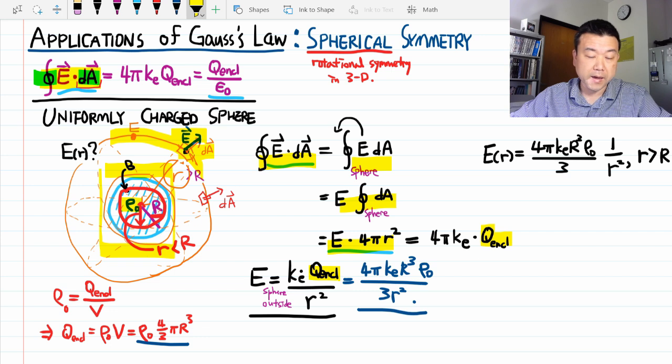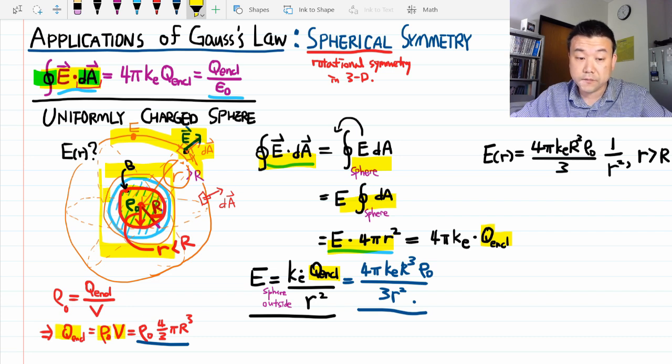So let's look back at how we calculated the charge enclosed. It was charge density times volume. So before I used the volume of the whole sphere using the radius capital R. Now this time what I hope you see is that we want the volume of only that enclosed within the Gaussian surface, because that's the only charge that's enclosed.